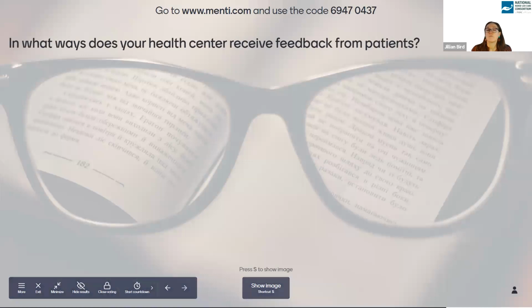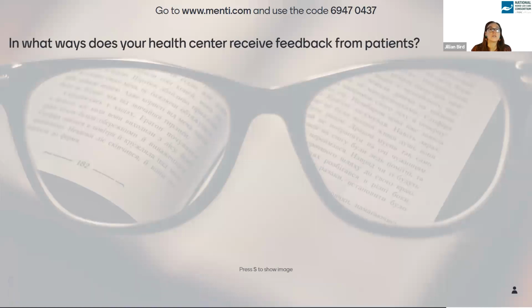And then I'm just curious, how are you receiving patient feedback? Are you relying on shadowing? Do you use surveys? Are you having observations? Some of the ways in which your organization receives feedback from patients.